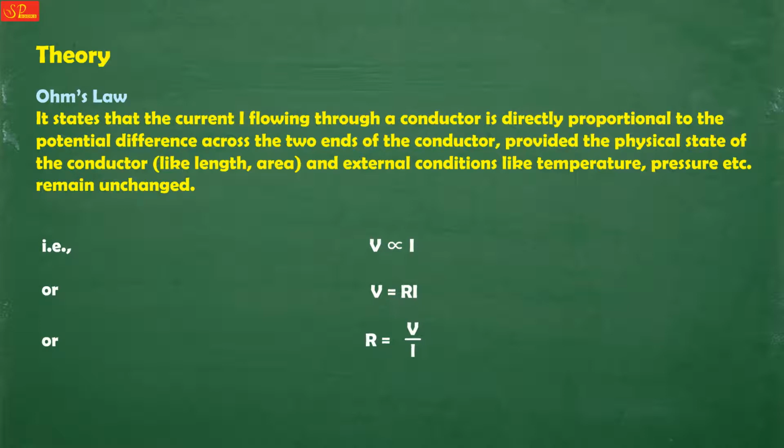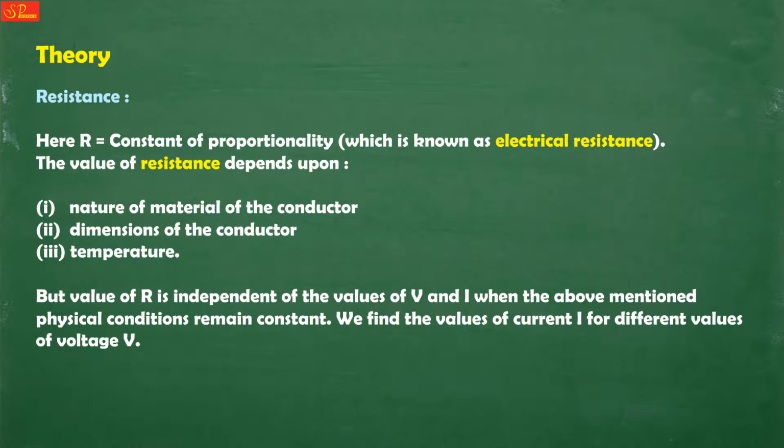That is, V proportional to I, or V equal to IR, or R equal to V by I. Here R equal to constant of proportionality, which is known as electrical resistance. The value of resistance depends upon nature of material of the conductor, dimensions of the conductor, temperature, but value of R is independent of the values of V and I.